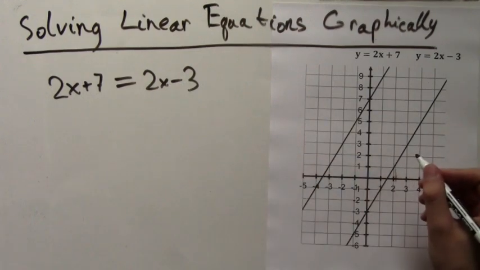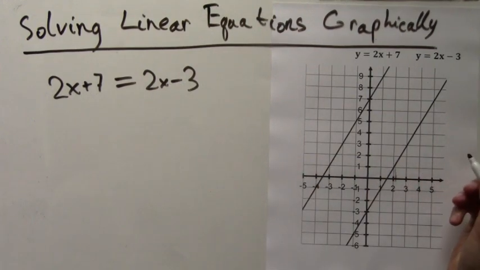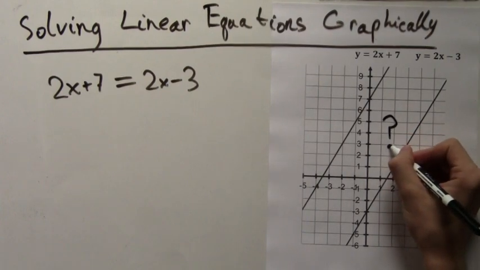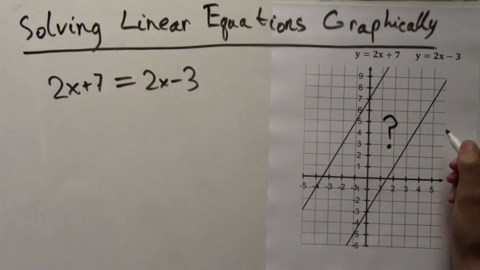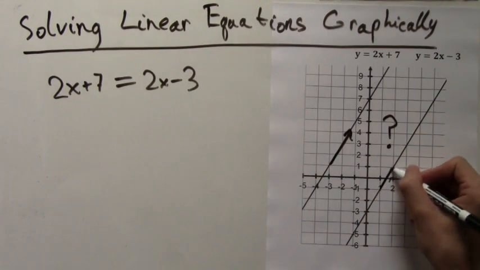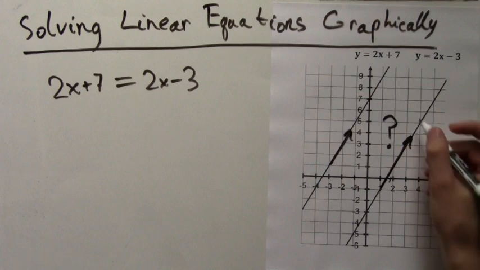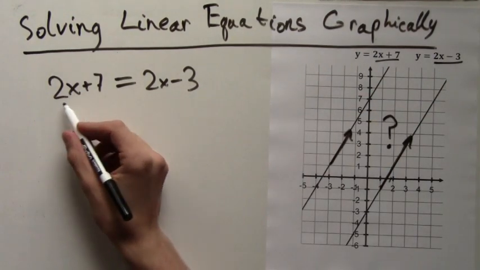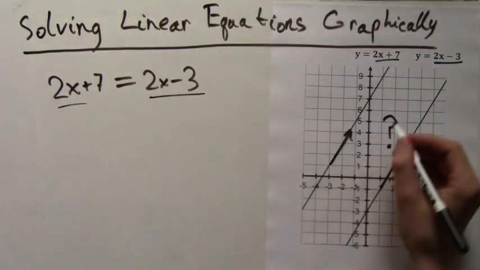Well, here's our graph, but where is the intersection point? As before, we have one function, y equals 2x plus 7, taken from the left-hand side of the linear equation. And the other function is taken to be the right-hand side.